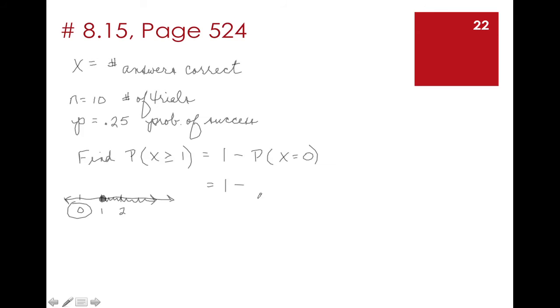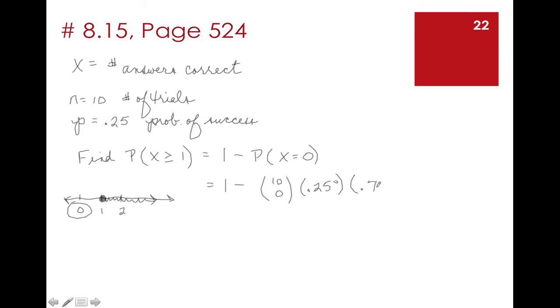All right, so if we wanted to practice setting it up in the binomial probability formula, out of the 10 questions, we're talking about her getting none right. So that would be 10 choose 0. Probability of success is 0.25, and she's not getting any right, so that's raised to the 0 power.